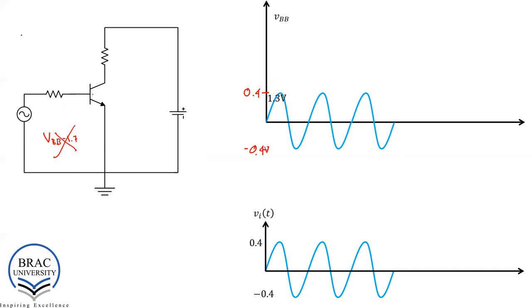The base, it is an NPN BJT, so this is our P side and this is our N side. Whether the BJT is operating in the active region, saturation region or cutoff region, the first thing we need to check is the voltage between the P side and N side.